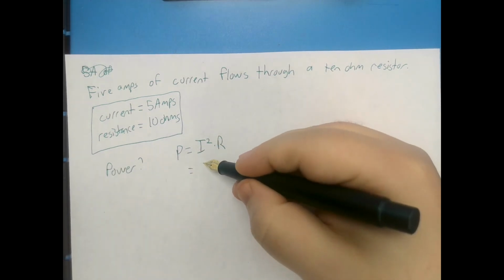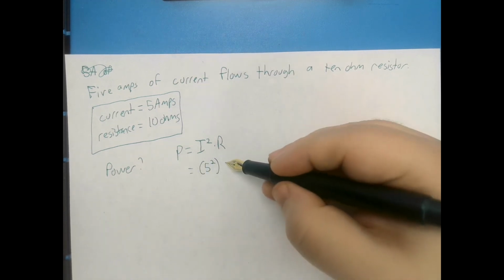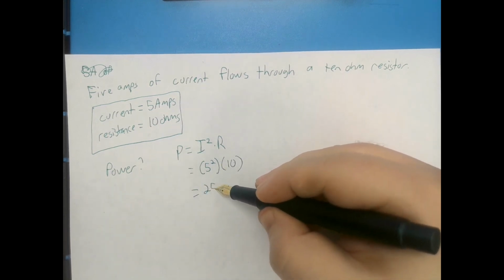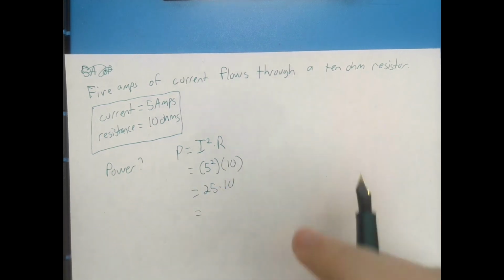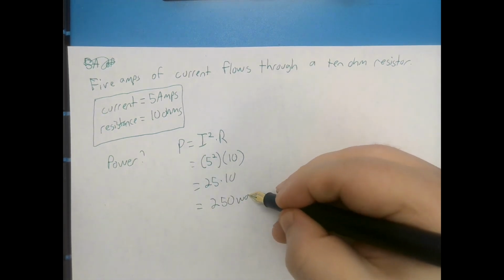Power would be 5 squared times 10. That's 25 times 10, which is equal to 250 watts.